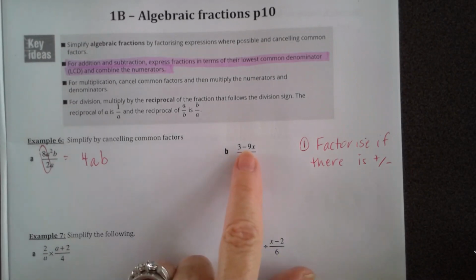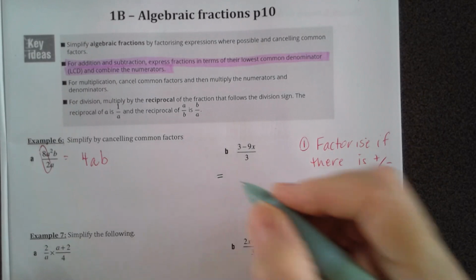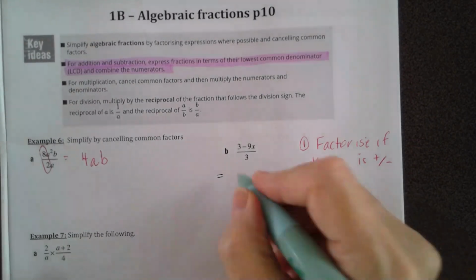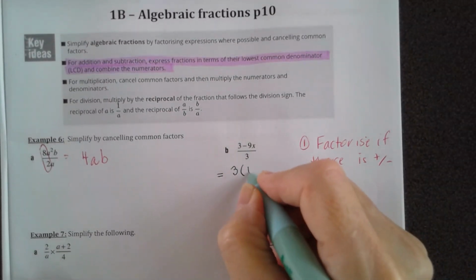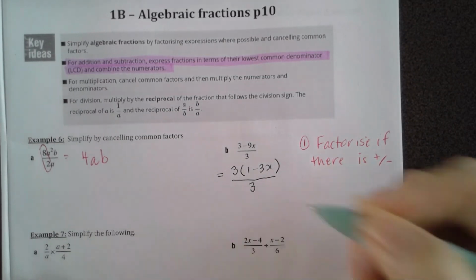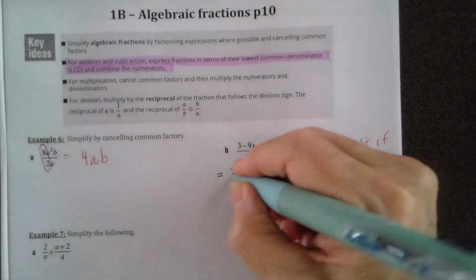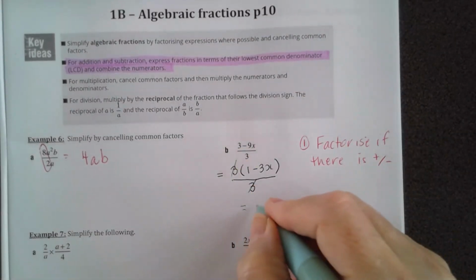So how do you factorize the numerator? By 3. Now I've changed the problem to a multiplication problem. This is 3 times this bracket, whatever it is. After I have times in between, then I'm allowed to cross these out, and I can write the answer as 1 minus 3x.